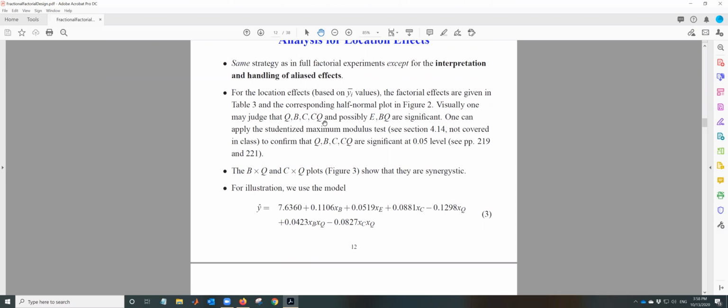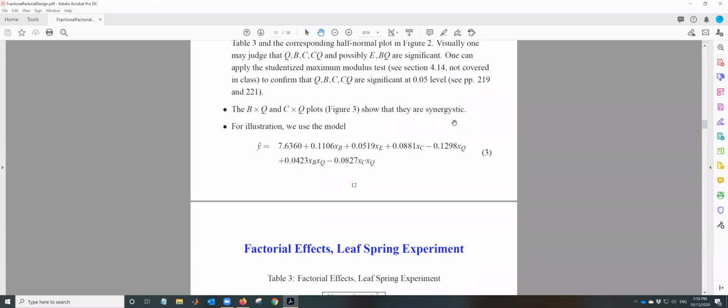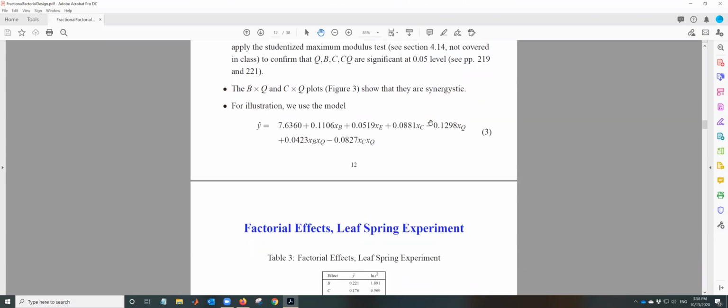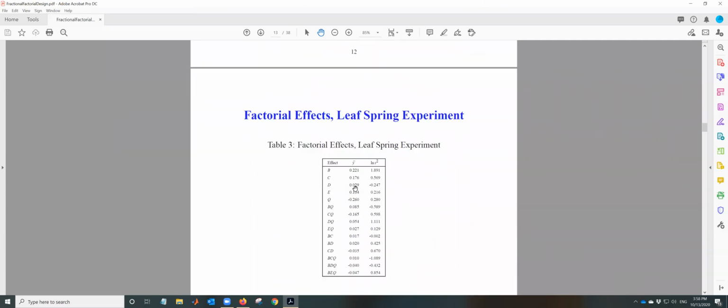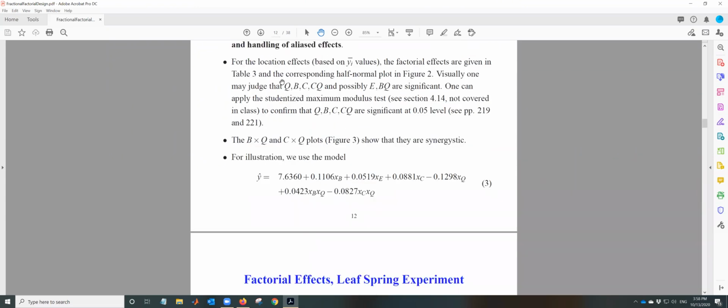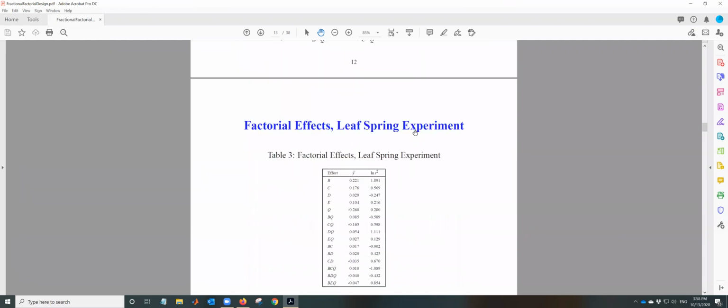And visually one may judge that Q, B, C, CQ, possibly E, BQ are significant. Because if we look at the location, this is the mean, right? If we look at the amplitude, which one is bigger? B, Q, C, CQ. It seems that B is bigger, C is bigger, Q is bigger.